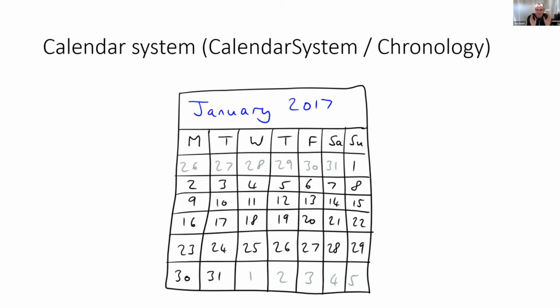One of the things you should think about when you're gathering requirements for whatever system you're working on is, do I need to work with multiple calendar systems? Do I need to work with anything other than the Gregorian calendar system? Because that's what's best supported by software. So whatever framework you're using is likely to make it particularly easy to work with the Gregorian calendar system compared with, say, the Hebrew calendar system.